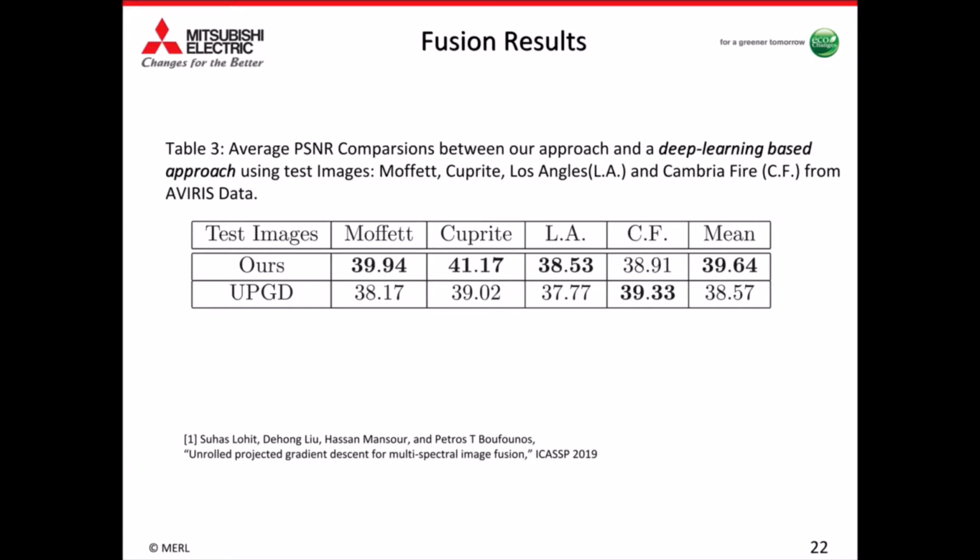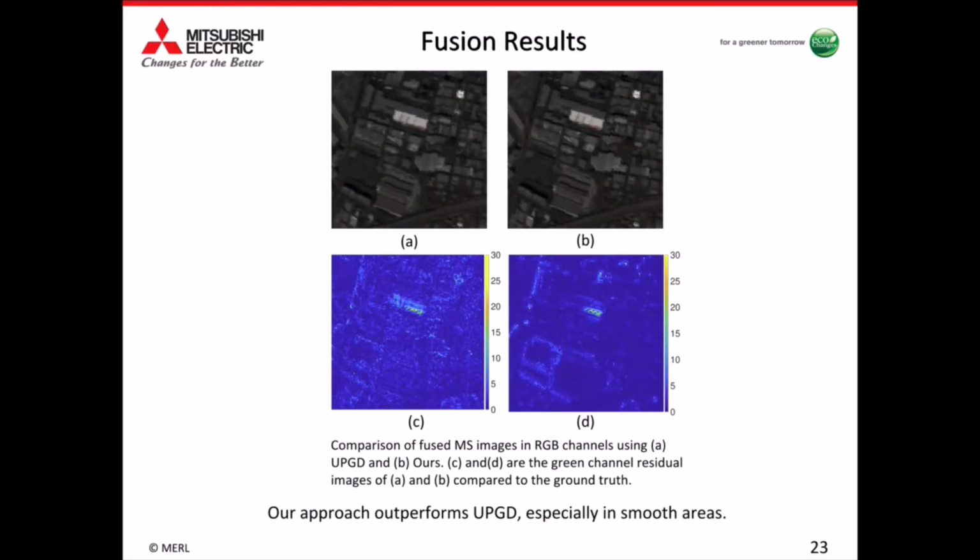We use the same AVIRIS data with ground truth, high-resolution, well-aligned multispectral image, and the panchromatic image. We find that in the 4 test images, we have more than 1 dB higher mean average PSNR across the 4 images. And if we compare the residuals in the green channel of the Los Angeles dataset, we will find that our approach outperforms UPGD, and the improvement is mainly in the smooth areas.